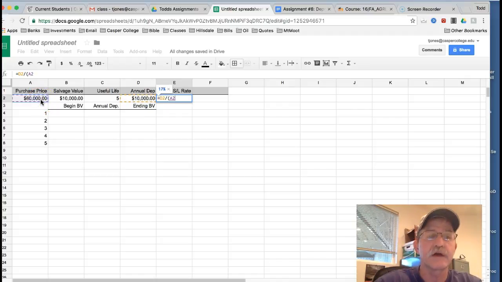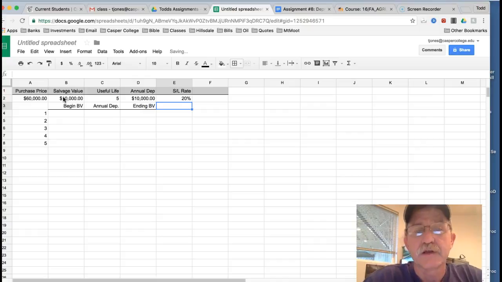I just grabbed that over there, cell referenced it, minus the salvage value and close the parentheses. That's the amount. It'd be 60,000 minus 10,000 is the amount of depreciation that we're going to take on that asset over the lifetime of the asset. Okay, we should be able to hit enter and we get 20%.